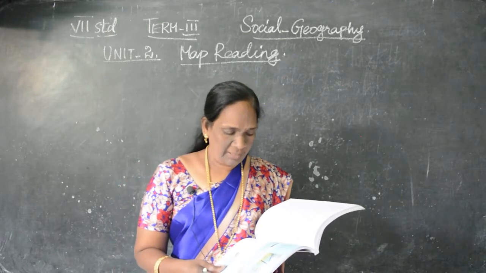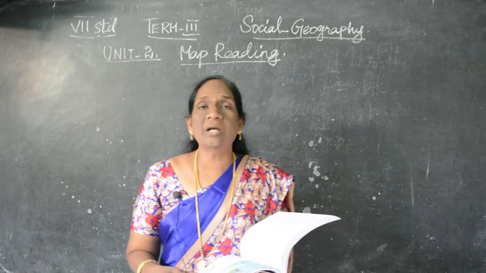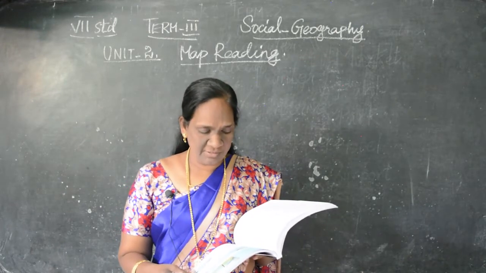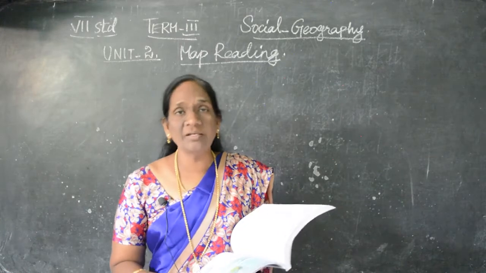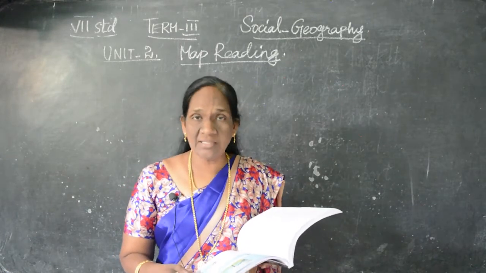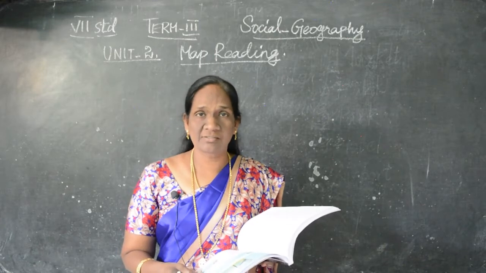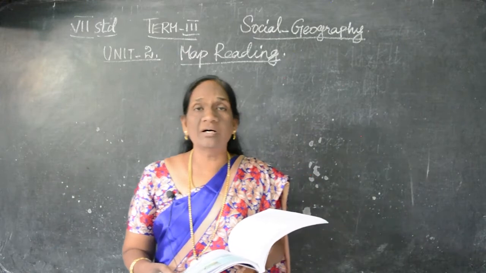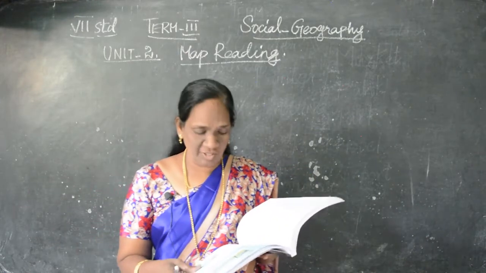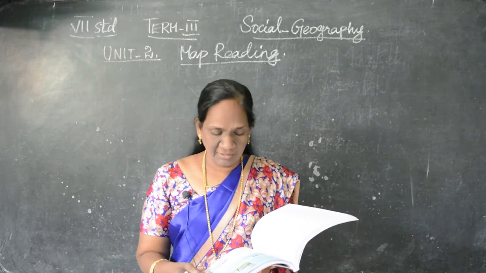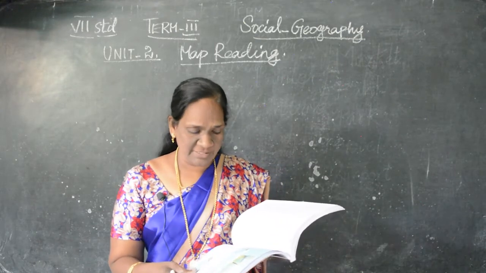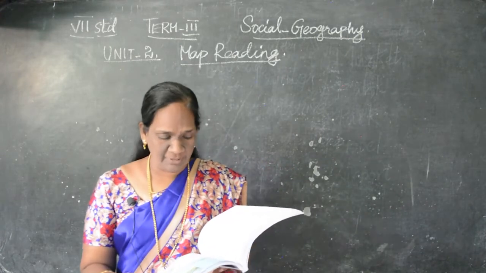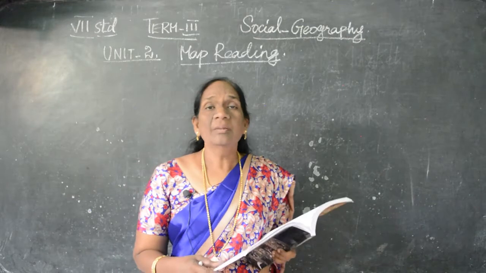And also, maps give information about the political boundaries of the countries as well as the states and continents, the places, the districts, even the villages. And because of maps we know the size and shape of the various countries and continents, and these maps clearly refer to the properties that people own, the geographical boundaries.